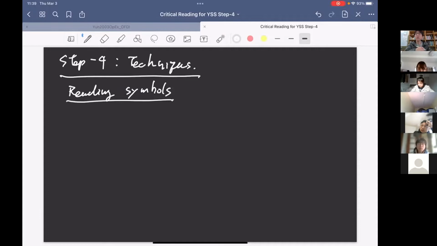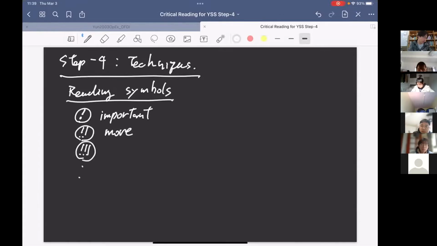When you read something, you can mark it on the paper, right? For example, you can use this symbol for important, or amazing, maybe important. And if you find it's more important, you can use this, and more like this.